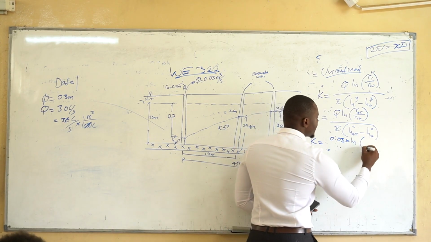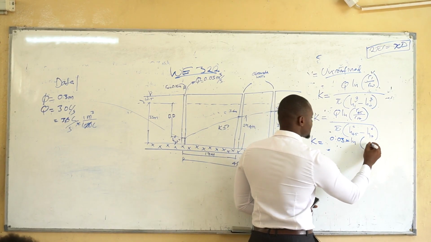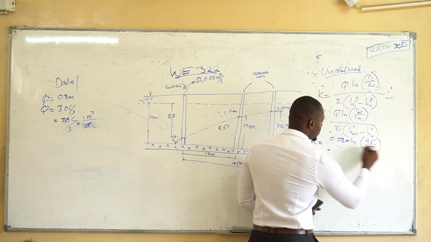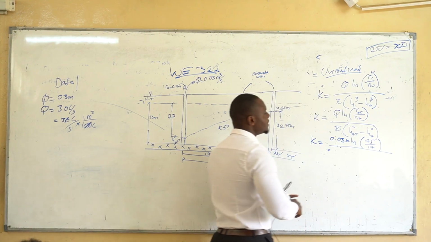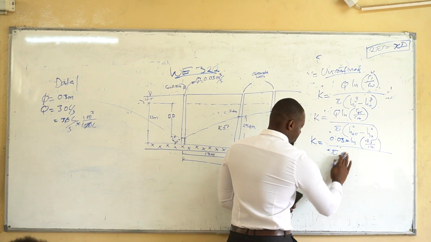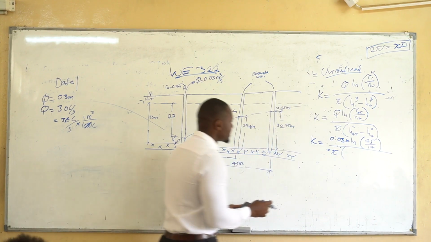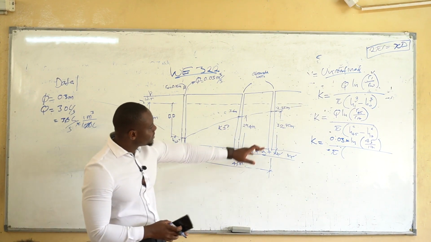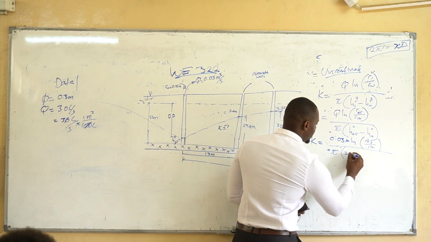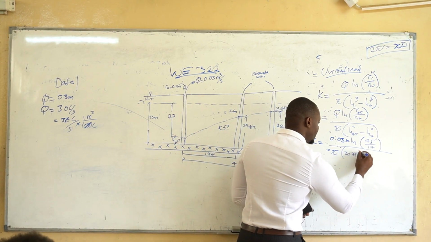The radius of 45 is just 45, right? So 45 divided by 17, we close. Everything being divided by pi. Open bracket. H 45, which is 30.75, raised to the power 2.